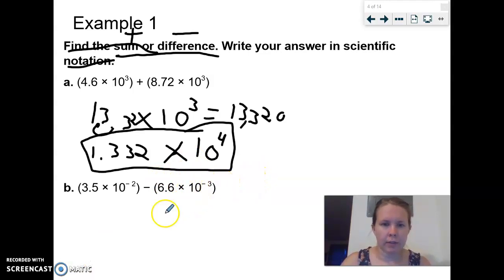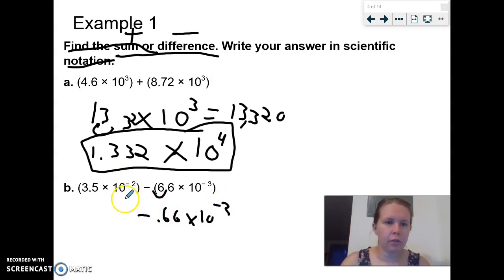So basically what's going to happen is I'm going to have to move this decimal 1 over, because remember, if it's negative, I'm going to move them over this way. And since I am going to reduce this amount, I'm going to move it 1 more over. So now instead of having 6.6, I'm going to have 0.66 times 10 to the negative 2.